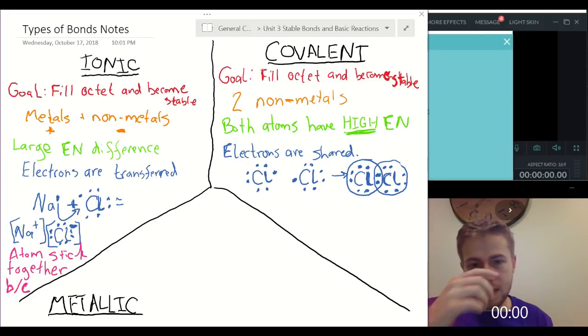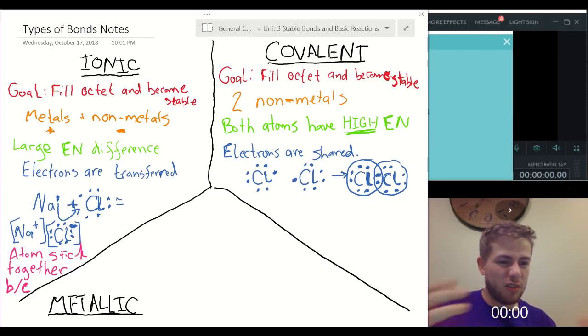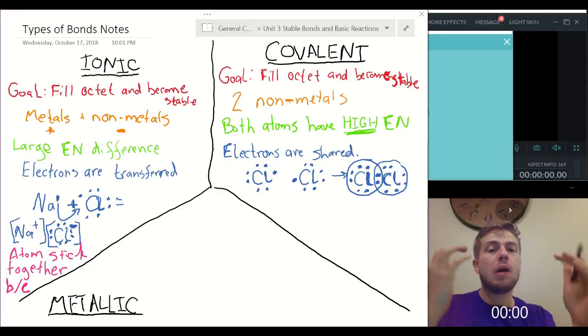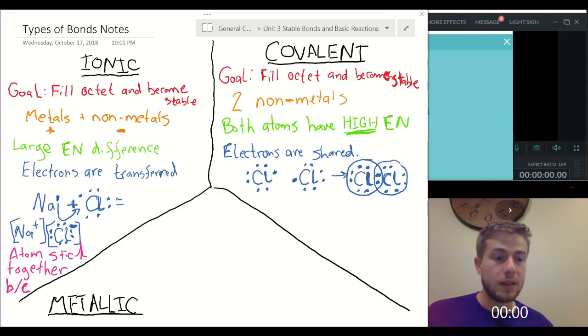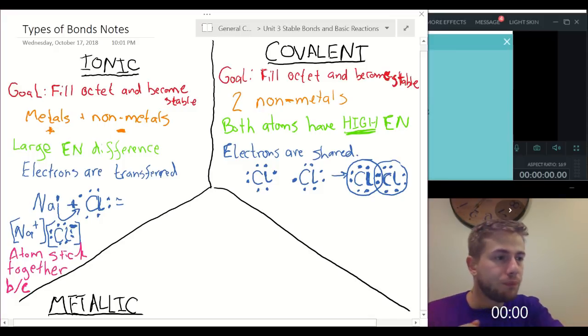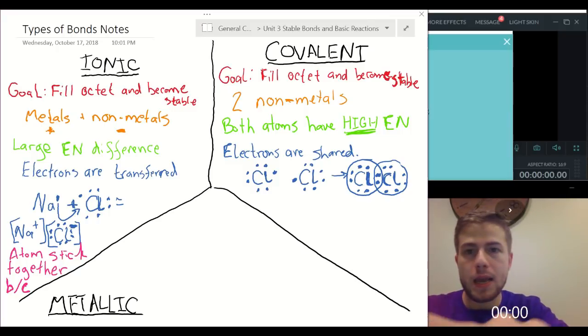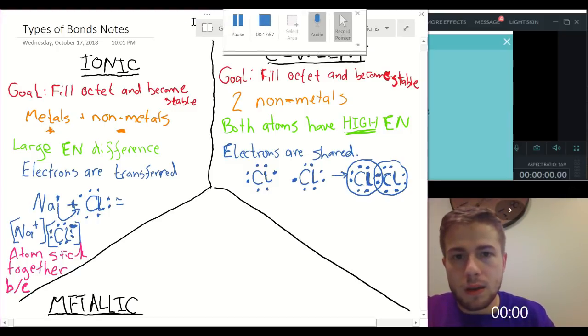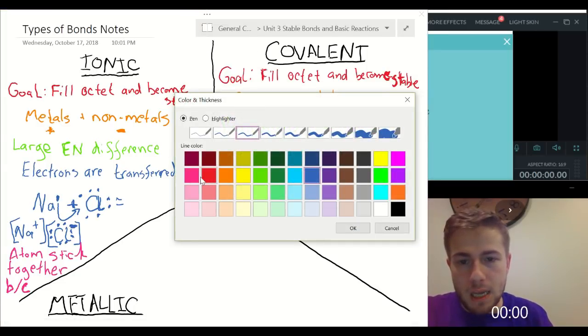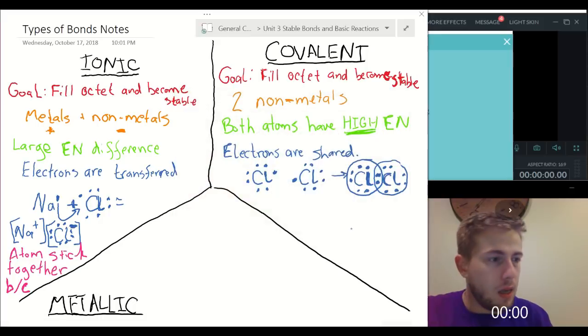Okay, and so they stick together, or bond, for slightly different reasons. In ionic bonds, they bonded because opposites attract. However, in covalent bonds, they stick together because they both have a hold on those electrons, and neither is letting go. So I'm going to switch to pink again, hot pink.